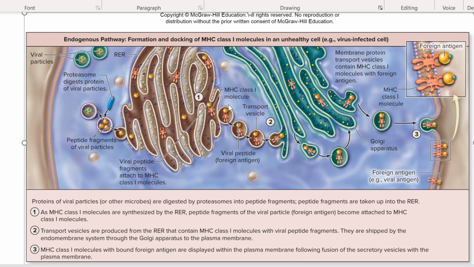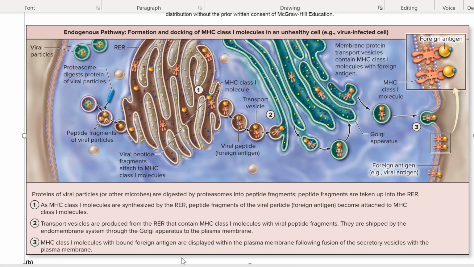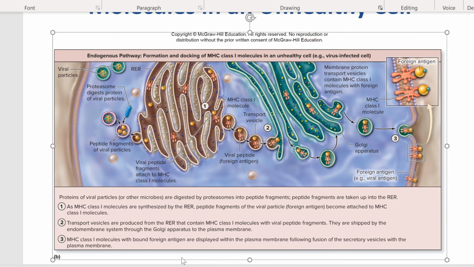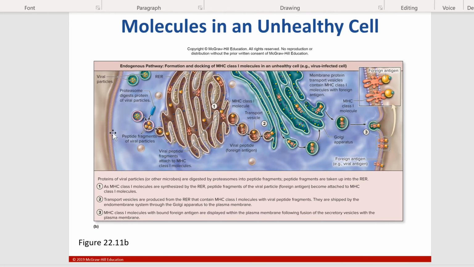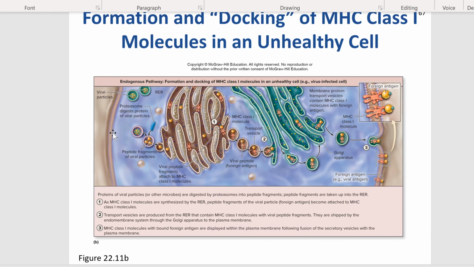As you can see, this is not the same healthy protein that was made before, and it's presented on the outside of the cell. MHC class 1 molecules with bound foreign antigen are displayed on the plasma membrane following fusion of vesicles. So remember, the cell is going to identify to the immune system that something is not right, something wrong is going on in this cell.